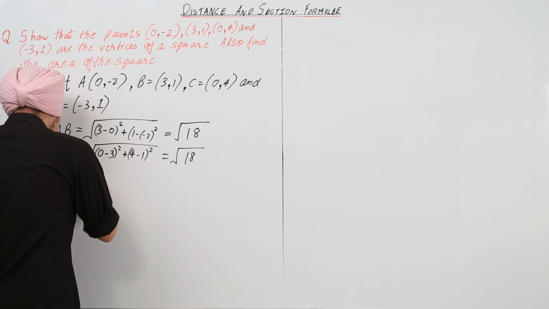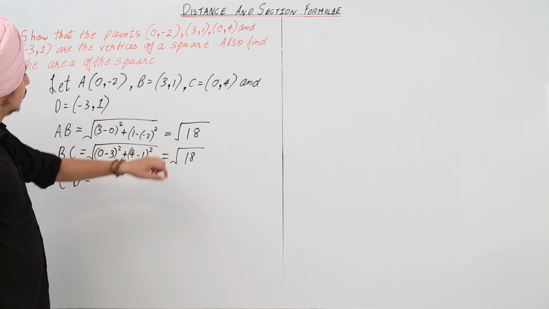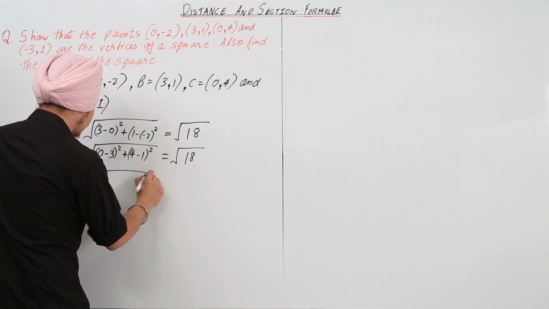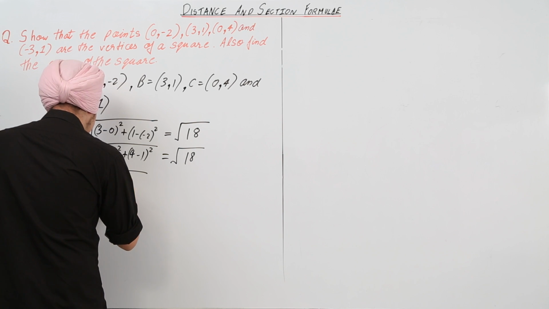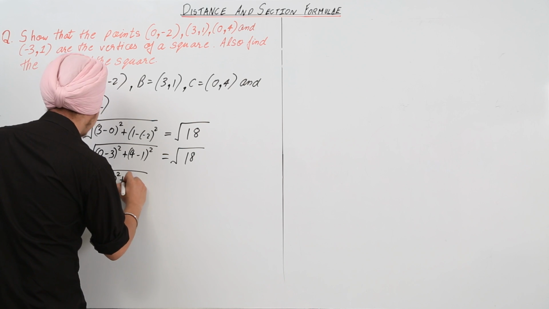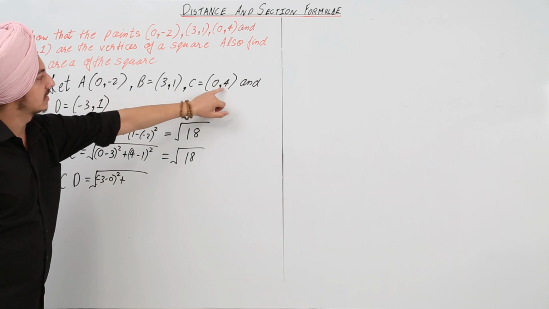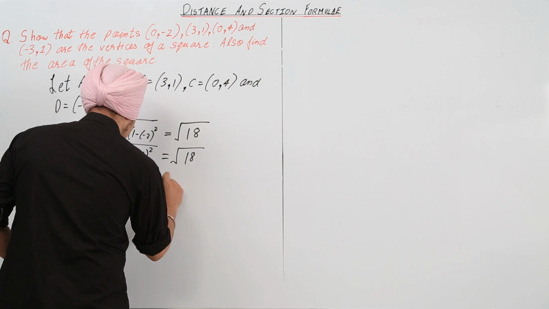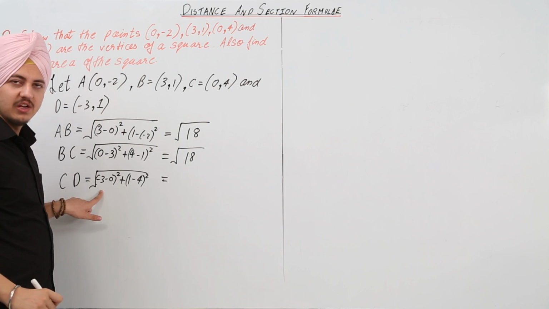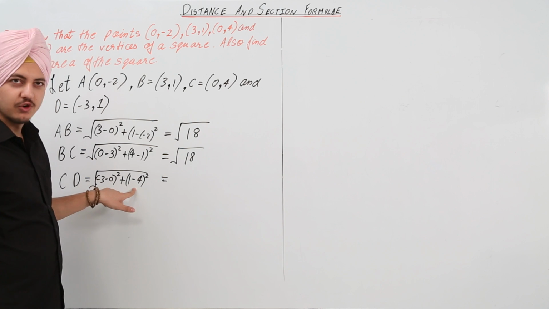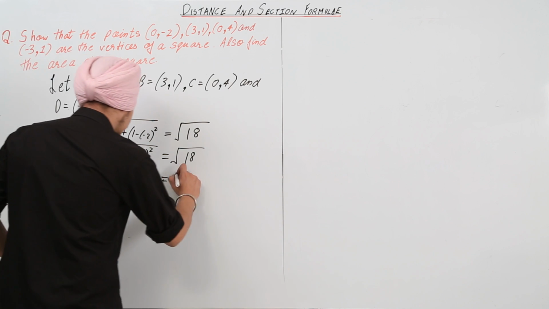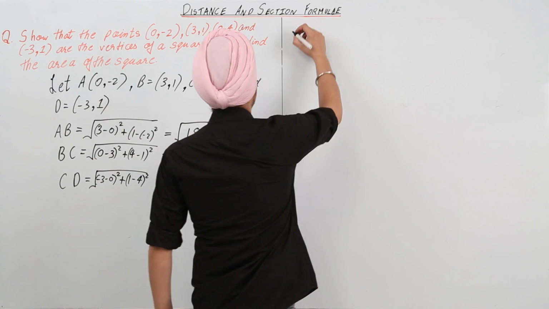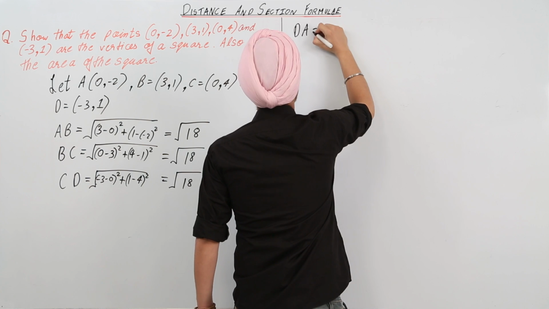Now we will calculate the length CD, that is equal to the square root of (-3 minus 0) whole square plus (1 minus 4) whole square. This is equal to minus 3 whole square is 9, 1 minus 4 is again minus 3 whole square is 9. So this is equal to the square root of 18. Now next we have the length DA.